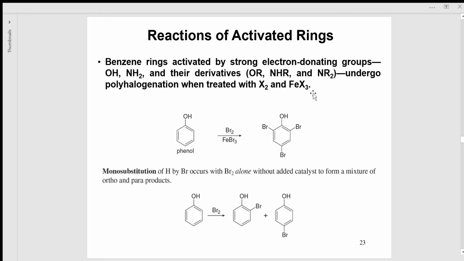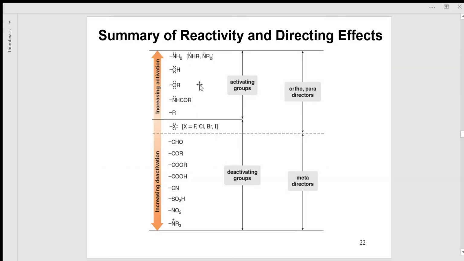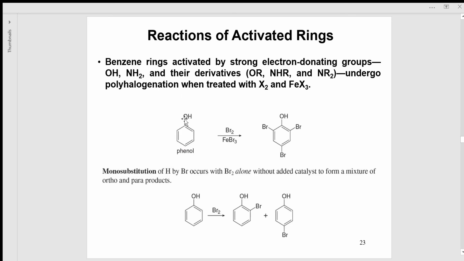All right, let's take a look at more examples of electrophilic substitution reactions. This is phenol, benzene attached with the OH group. If we do a bromination reaction with the iron bromide catalyst, OH groups are very strong electron donating groups, donating electrons towards this benzene ring.